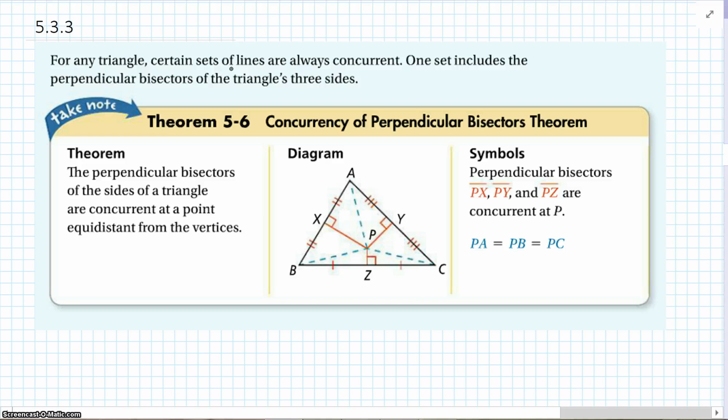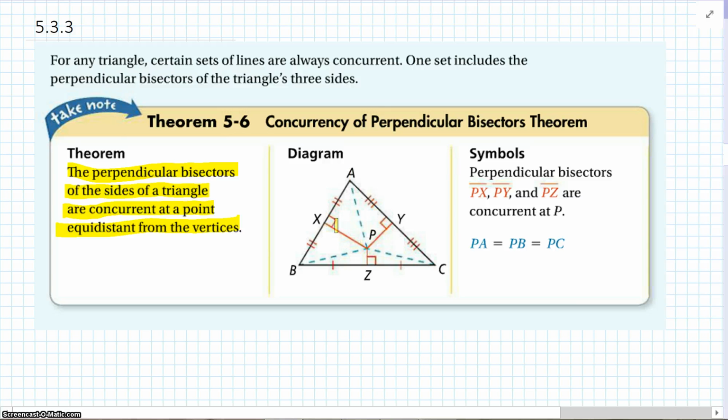For any triangle, certain sets of lines are always concurrent. Again, that means 3 lines all intersect at the same spot. One set includes the perpendicular bisectors of the triangle's 3 sides. So here's our theorem. The perpendicular bisectors of the sides of a triangle are concurrent at a point equidistant from the vertices. So here's the diagram.